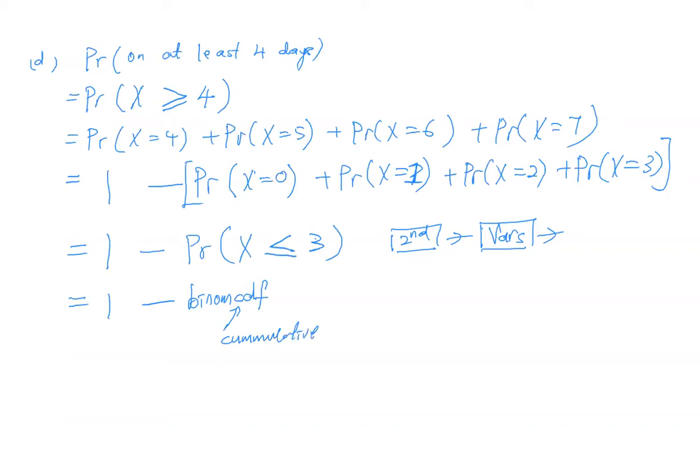That means from X equal to 0 right up to whatever you have written down here. So binom CDF is for less than or equal to. Are you clear? Okay, then you can get your answer. So be very careful when you use your binom CDF and your binom PDF.